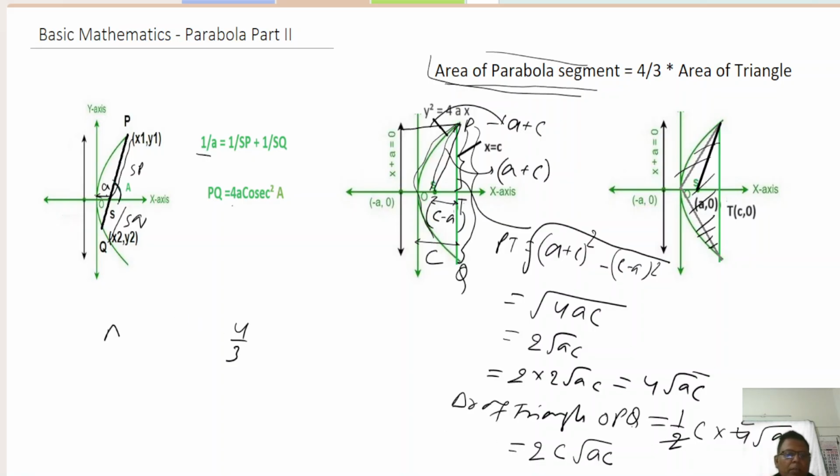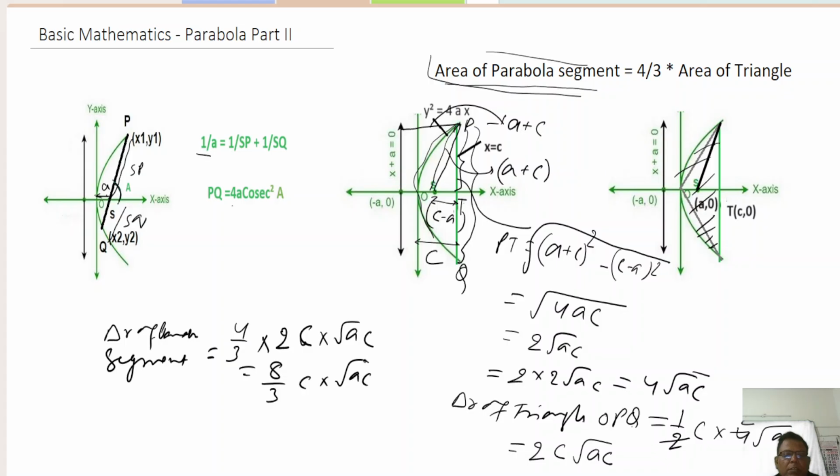So the area of the parabola segment is equal to 4 by 3 into 2c root ac, so 8 by 3 c root ac.